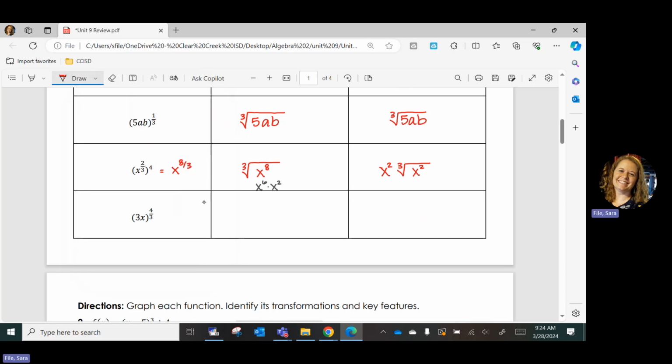All right, here we're going to rewrite this as a third root, or cube root. And then both of these are to the 4th power, the 3 and the x. So 3 to the 4th power.